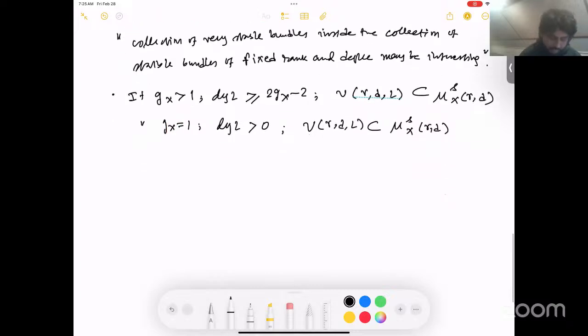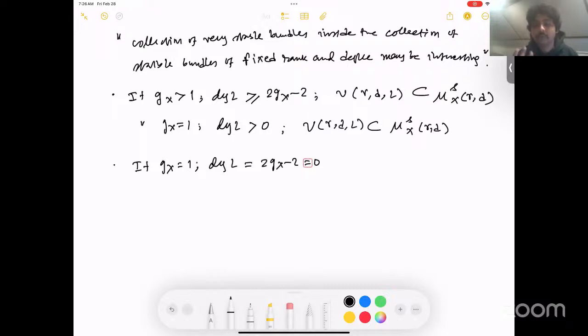And now there is a marginal case where the genus is 1 and the degree of L equals 2gX minus 2, that is 0. In that case, we need to consider the polystable bundles because the semistable bundles do not construct a moduli space under isomorphism, right?